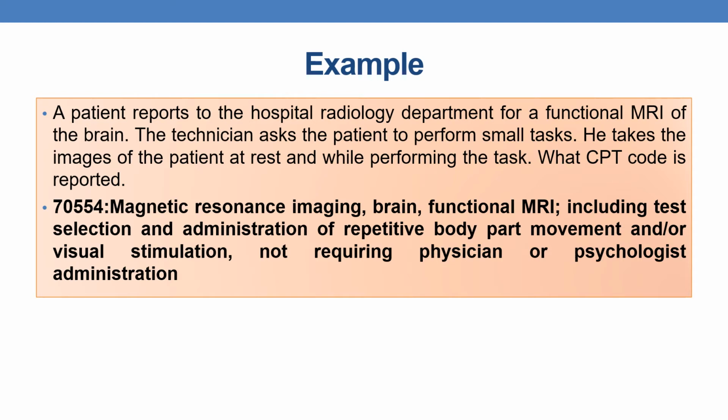The technician is asking the patient to perform small tasks. So the appropriate CPT is 70554. Magnetic resonance imaging, brain, functional MRI, including test selection and administration of repetitive body part movements and or visual stimulation, not requiring physician or psychologist administration.